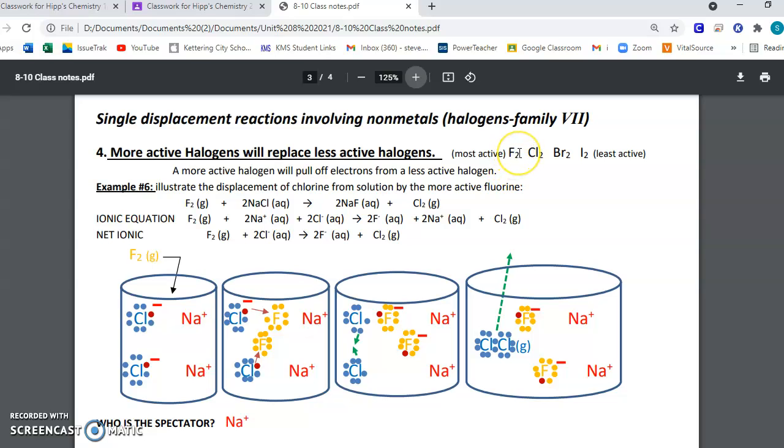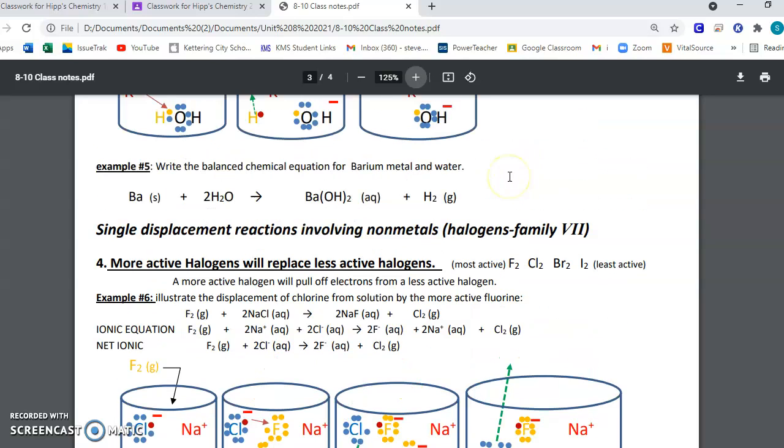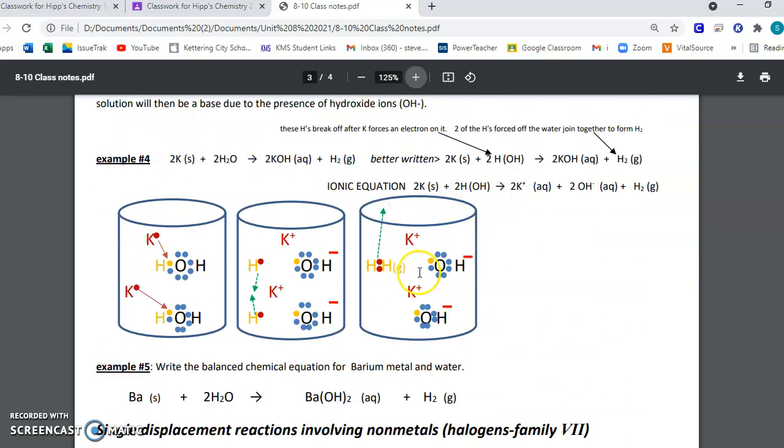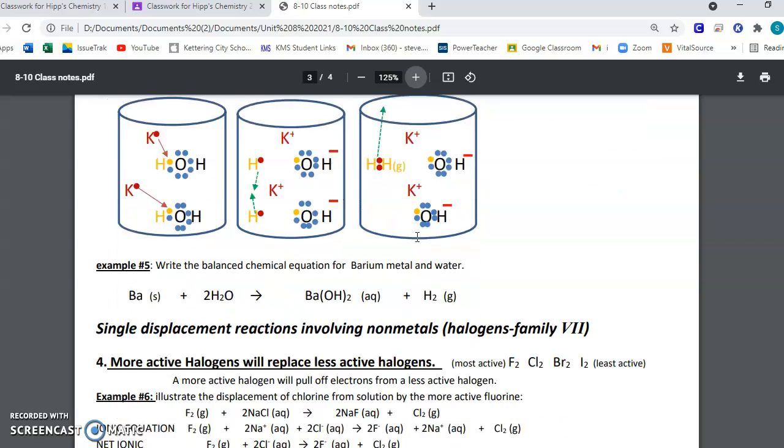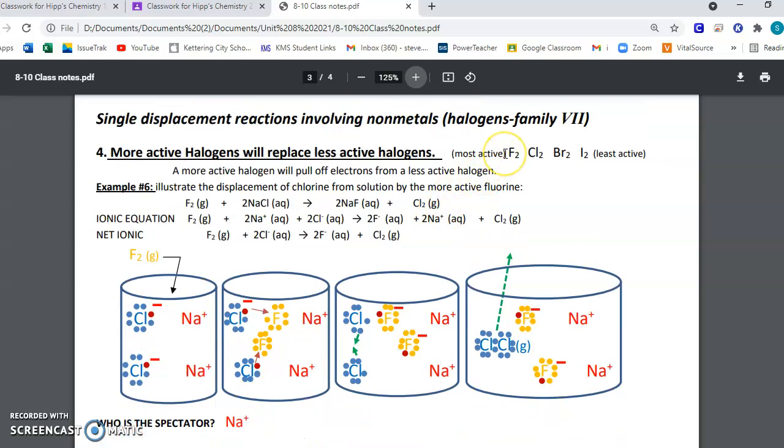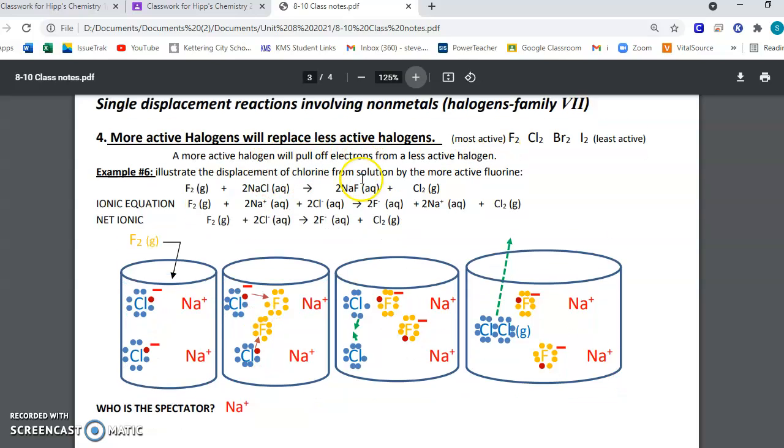So more active halogens want to become an anion, the same way that more active metals want to become a cation. Active metals want to get rid of their electrons and be left full. The anions want to steal electrons in order to become full. So more active halogens will pull electrons off less active halogens.